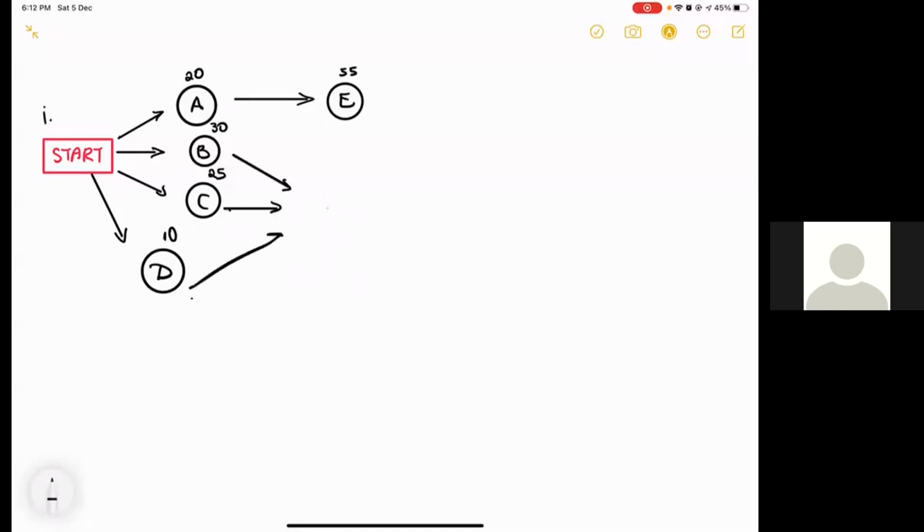And here. Okay, good. And that is F, and F has 30 seconds. And then we have G. G's predecessor is E.